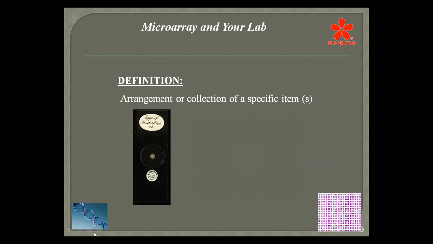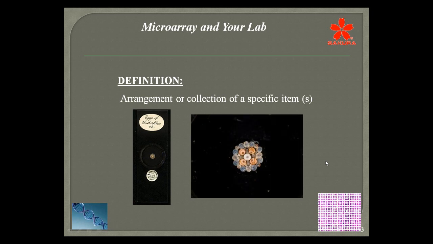Okay, so if we wanted to define what an array is, just basically by definition, and these are just definitions that I primarily put together: an arrangement or collection of a specific item or items. This is a slide that's showing eggs of butterflies.